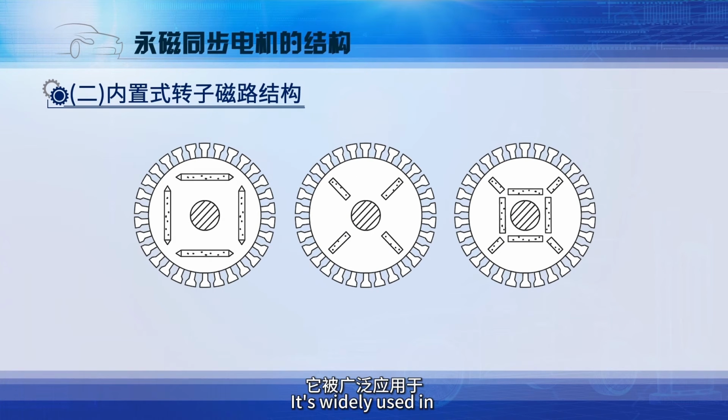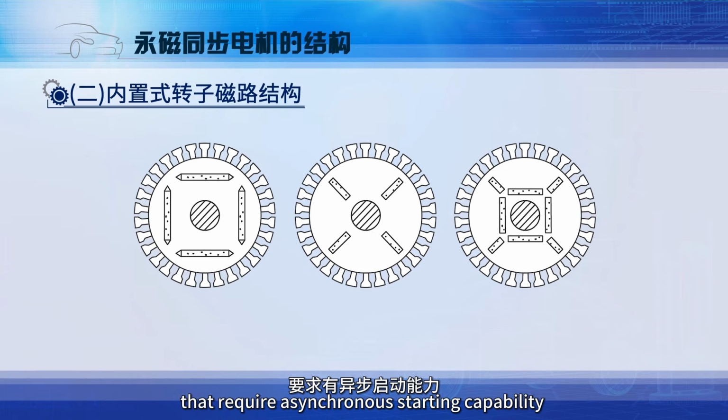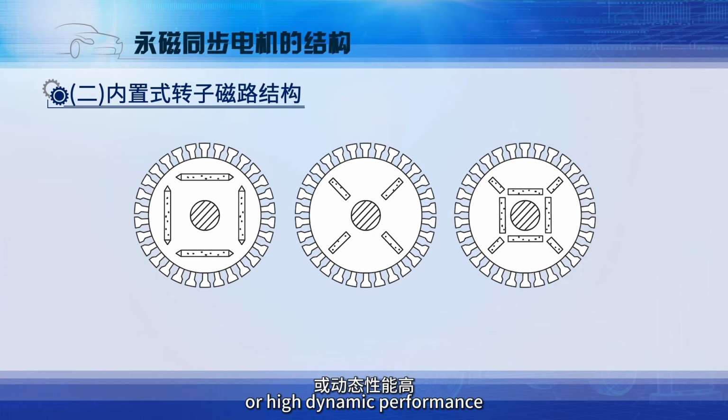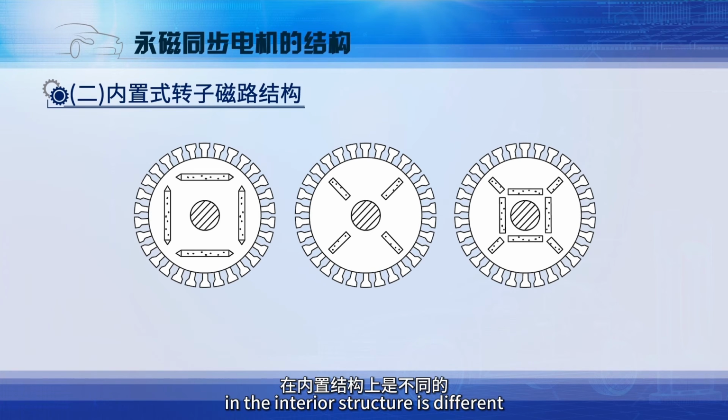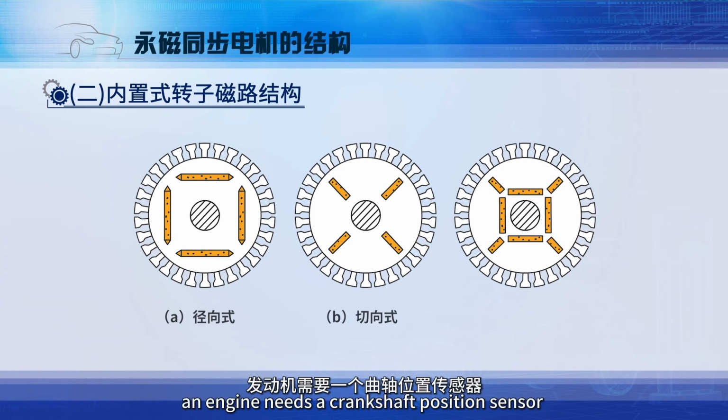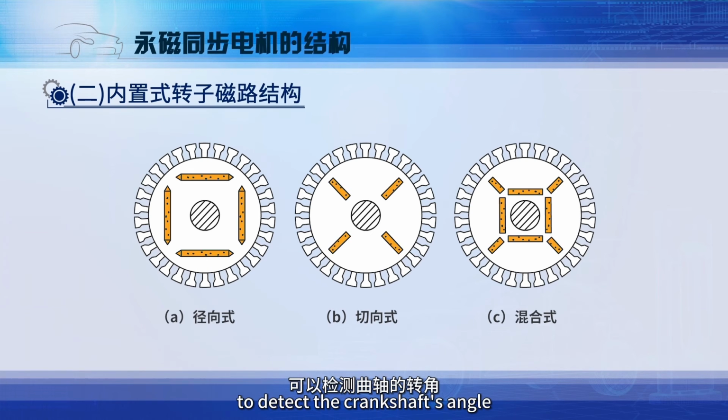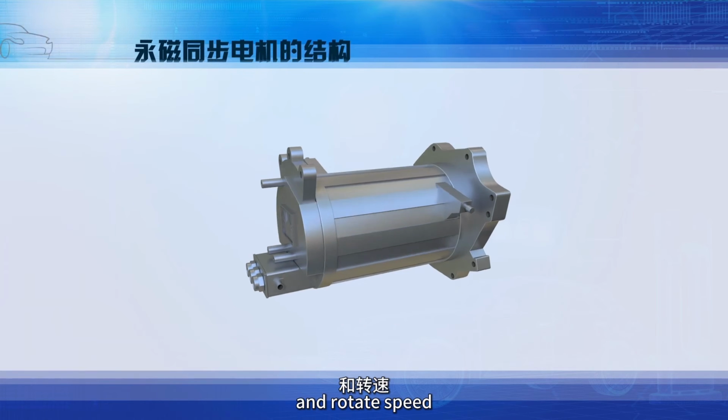It's widely used in permanent magnet synchronous motors that require a synchronous starting capability or high dynamic performance. The magnetization direction of the permanent magnets in the interior structure is different, so it can be further divided into radial, tangential, and hybrid types.